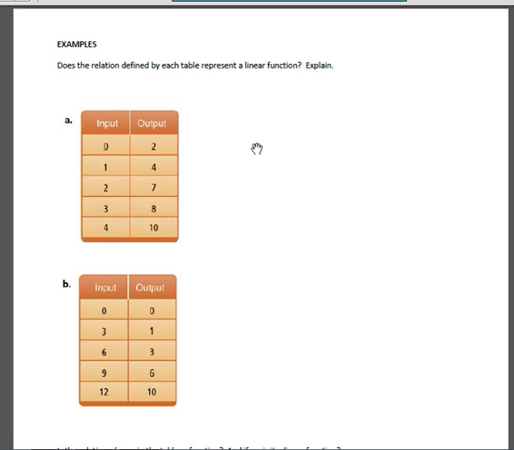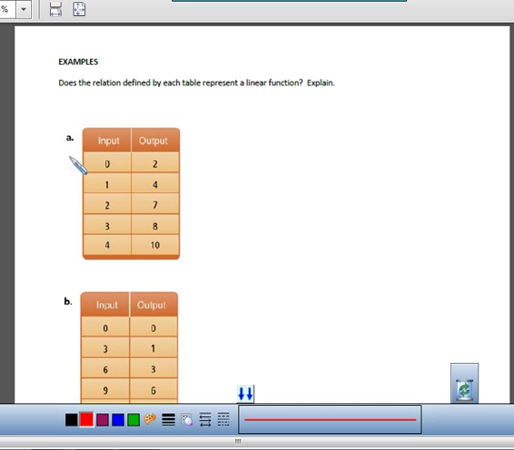This video is getting long. Does the relation defined by each table represent a linear function? Explain. So watch. This is increasing by 1 each time. The input is the x. The output is the y. So since this is increasing by 1, so far so good. Now the next, plus 2, plus 3, plus 4. Wait a second. Whoops, I made a little mistake there.